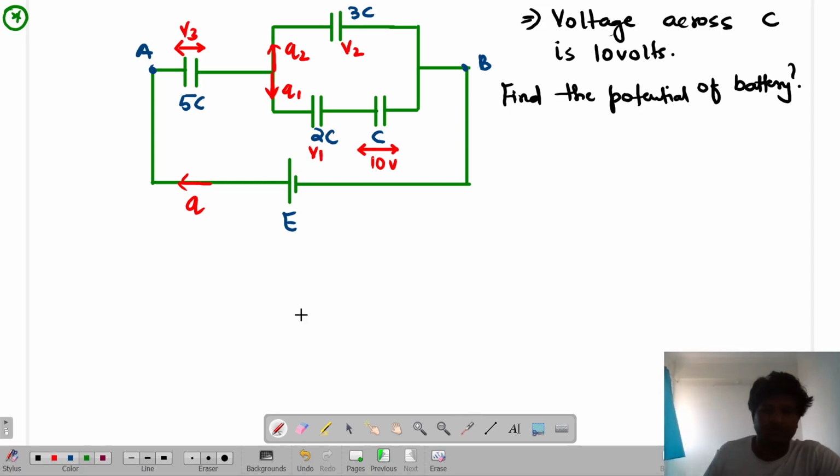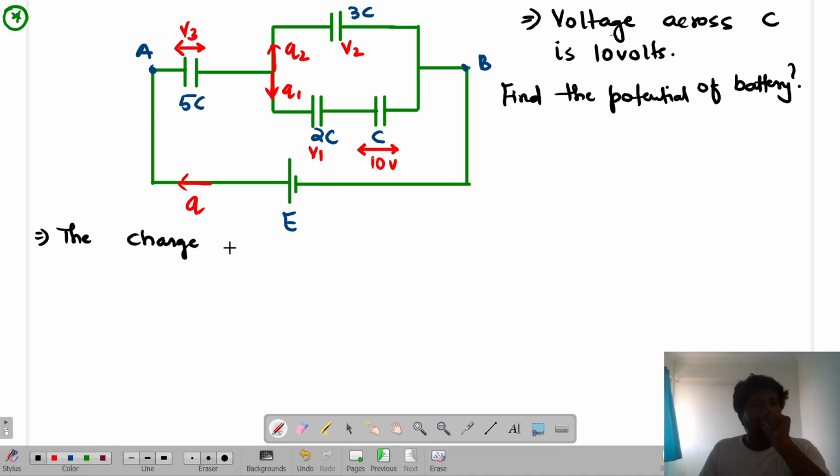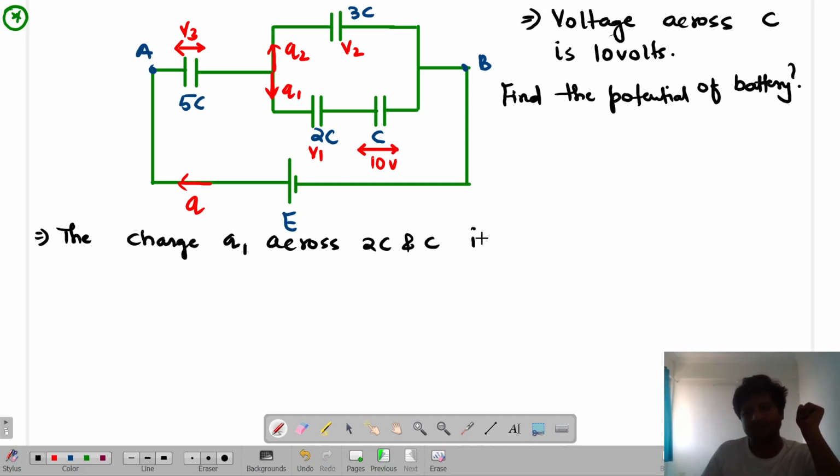Now look here. First point: the charge Q1 across 2C and C will be the same, isn't it?